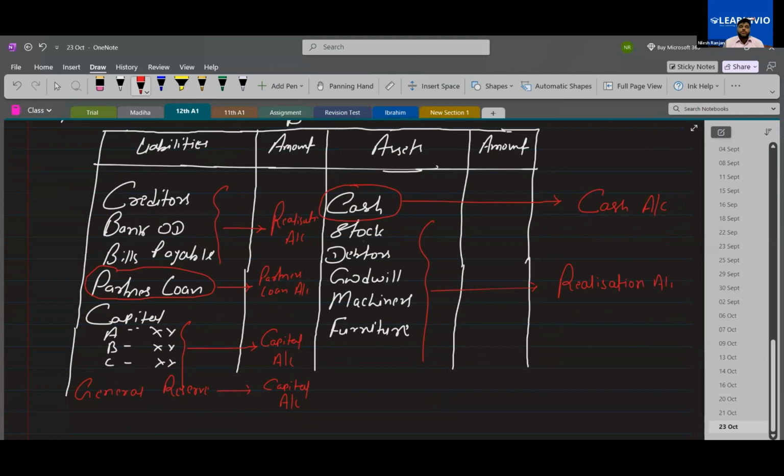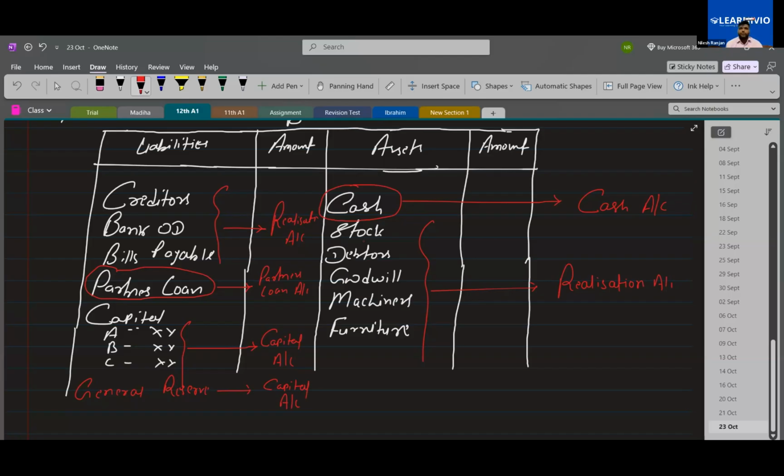First, we have to close the partners loan account, then the realization account, then the partners capital account, and at the end we will close the cash account, because at the end cash is paid or received from all the sources or applications. So we will settle the cash payment and receipt. At the end, the debit side total of the cash account should be equal to the credit side total of the cash account. Then only you can say your answer is correct.